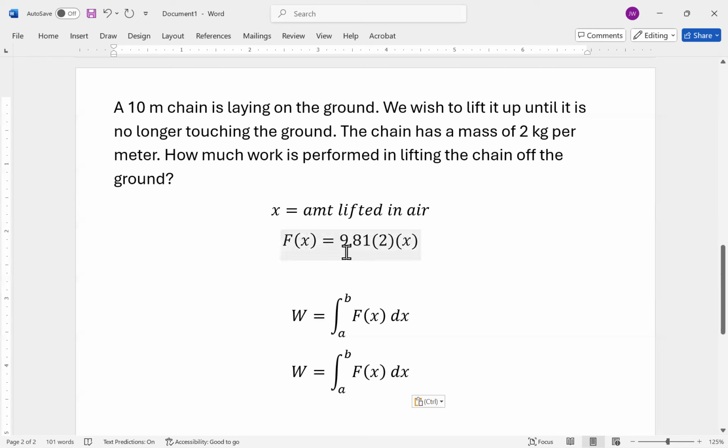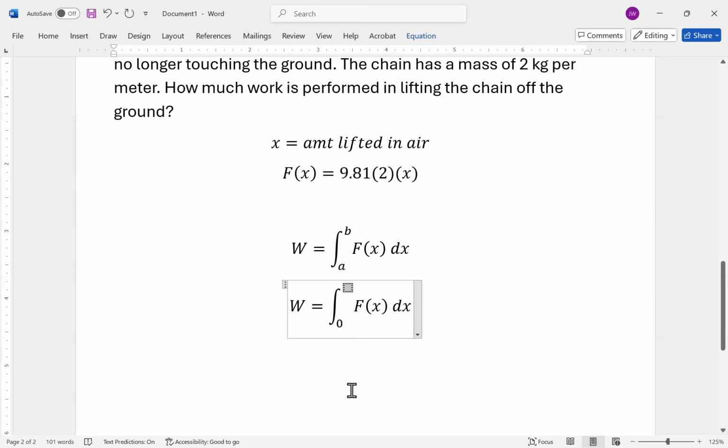And obviously, if the entire chain is lying on the ground, we're starting at 0 as the amount lifted in the air. And we're ending when the entire chain gets lifted off the ground, so when all 10 meters is in the air. 9.81 times 2 is 19.62.